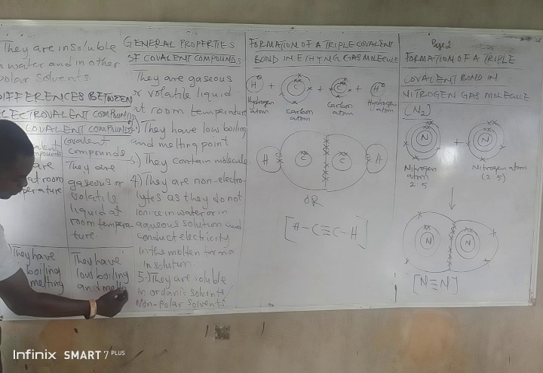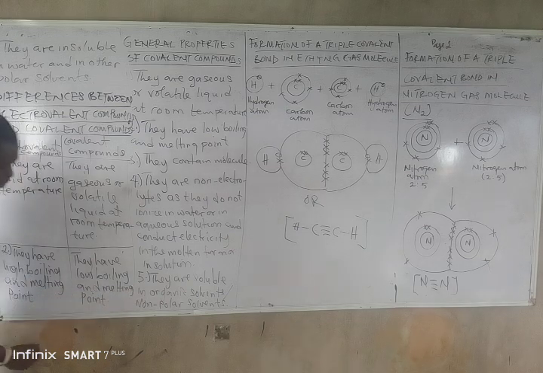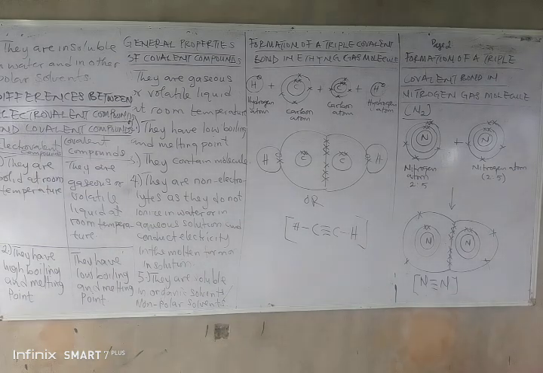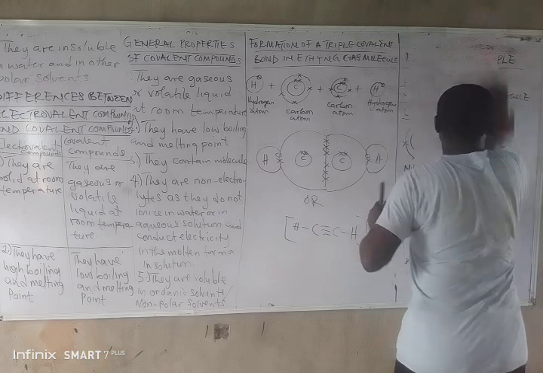Let me give you an example. If you put a candle, you know a candle is a covalent compound, in fire, and put sodium chloride, common salt, on fire, which one melts faster? The candle melts faster because it has a low melting point. Are we together?